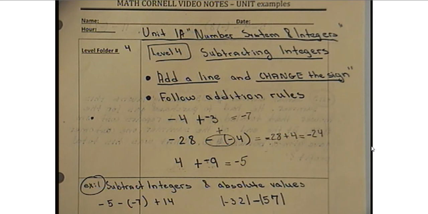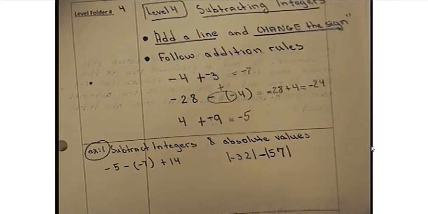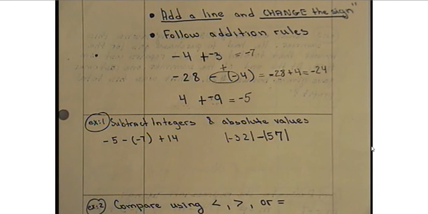So let's go ahead now and take a look at some other examples that may require a couple steps. So another example will be subtracting integers and absolute values. If we're dealing with integers only, we just need to make sure we work the signs correctly.